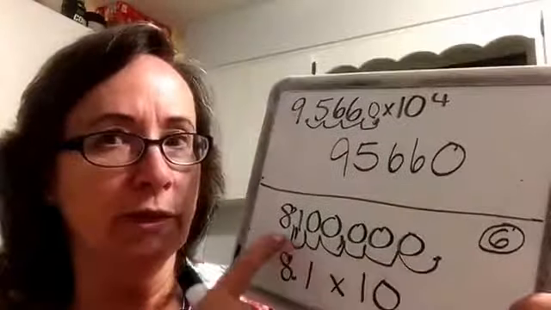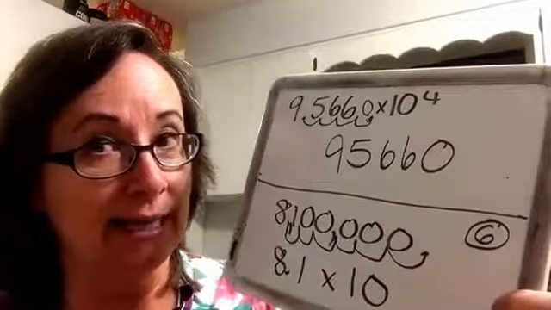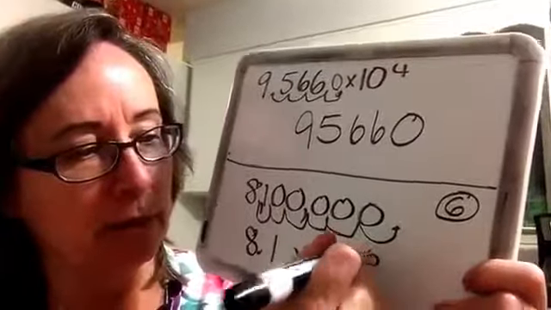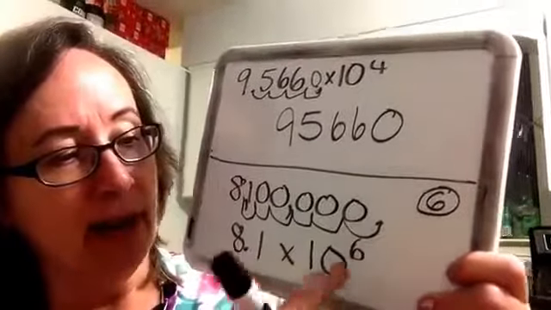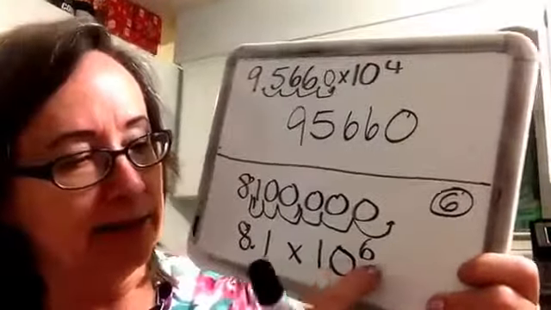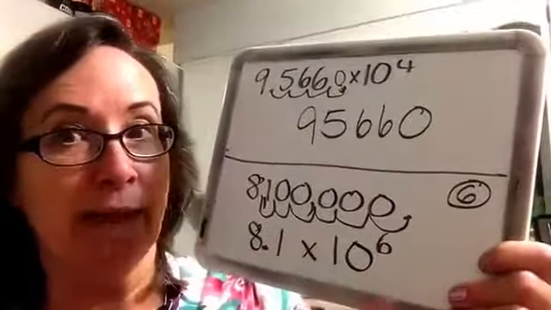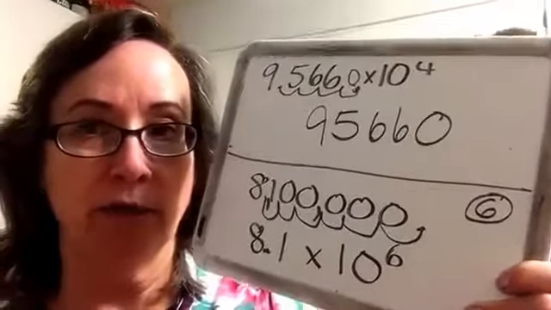So we moved it to the left, which means we divided by 10 to the 6th. So we will compensate by multiplying by 10 to the 6th. Notice how now this 10 to the 6th is going to move that decimal right here 6 places back to the right, and I will get back to my original number.